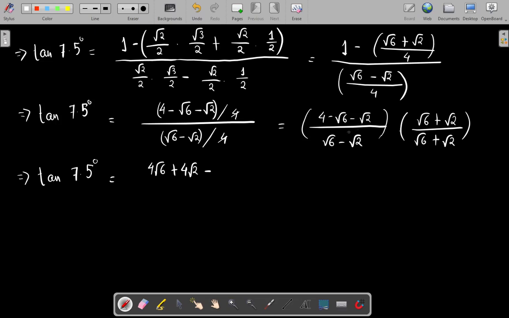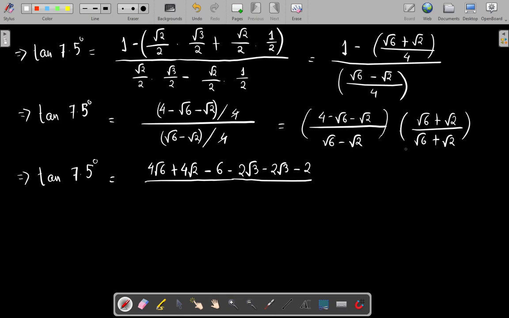Then root 6 times root 6 gives us 6. Root 6 times root 2 gives root 12, which is minus 2 root 3. Then we have minus root 2 times root 6, which is again minus 2 root 3. Then minus root 2 times root 2 will be minus 2. In the denominator we have root 6 minus root 2 times root 6 plus root 2.